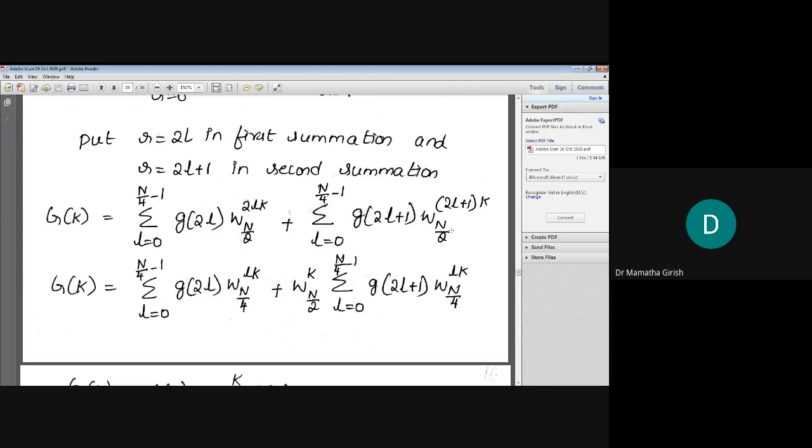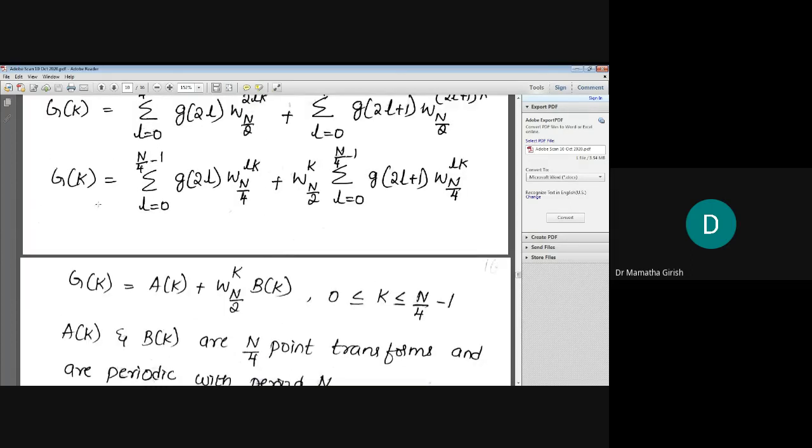And the term W of N by 2 to the power k is a constant which has been pulled outside the summation. It is exactly the same as the previous one. There it was n by 2 computation. Here it is n by 4 DFT computation. There I had the term r. Here I am having the term l.